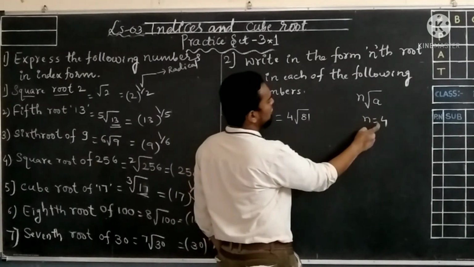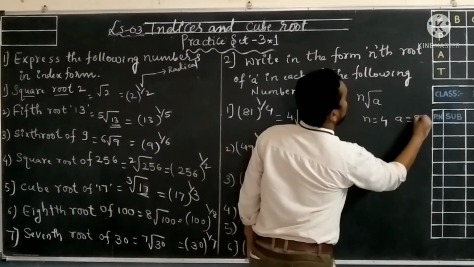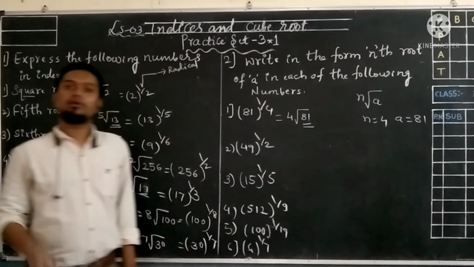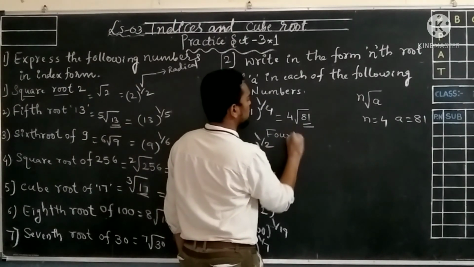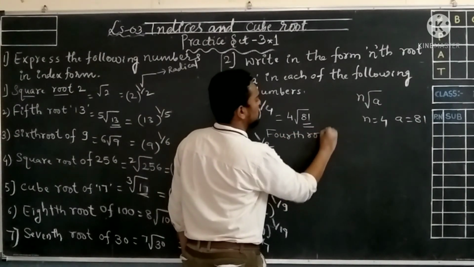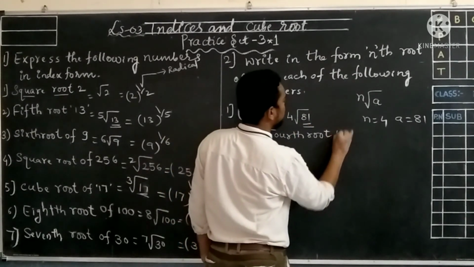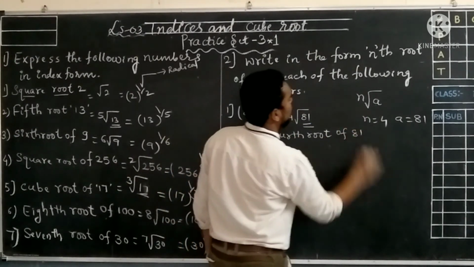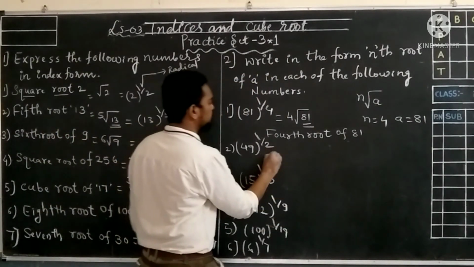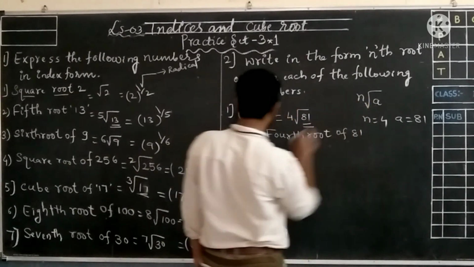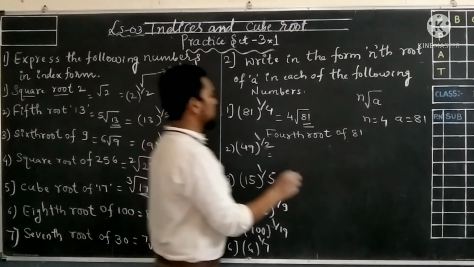Therefore, n value is given 4 and a value is given 81. Fourth root of 81 is the answer. Next, here also nth root a.